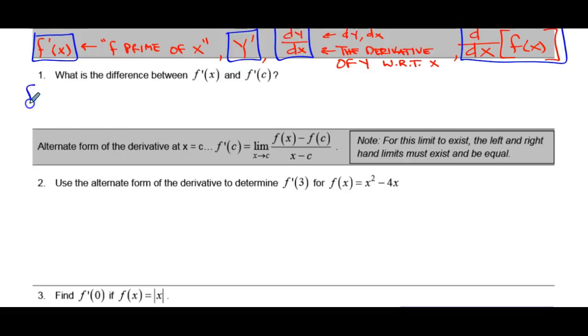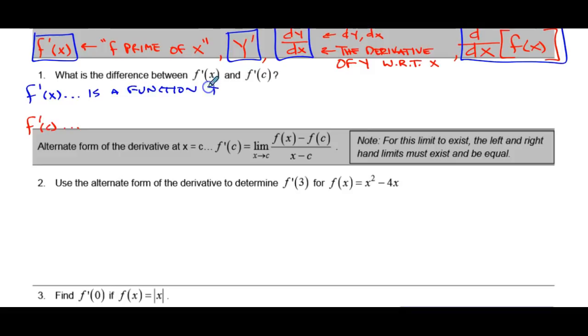So f prime of x versus f prime of c. F prime of x is a function. That's what we're going to start with. We'll start by saying f prime of x is a function. And what does that function tell us?